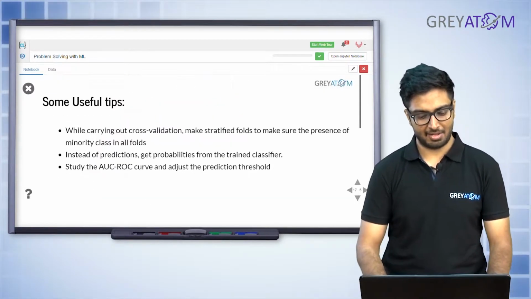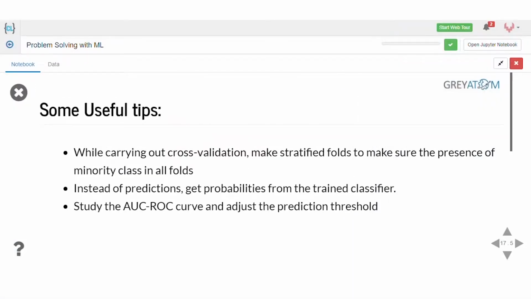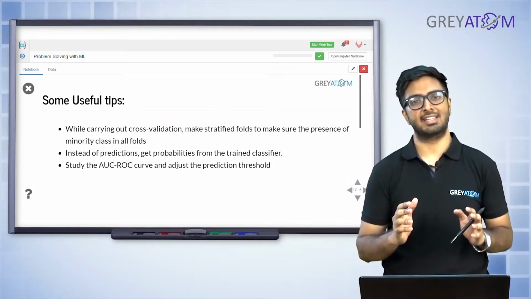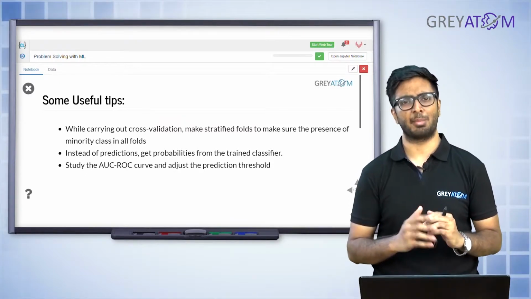Hopefully that is clear. Now we are going to talk about some useful tips for imbalanced data problems. While carrying out cross validation, this is something I'm really going to stress a lot. If it's an imbalanced data set, it's a much better idea to do stratified cross validation. The whole idea of doing that is making sure that each of the folds you're validating on has the minority class present in a significant amount.